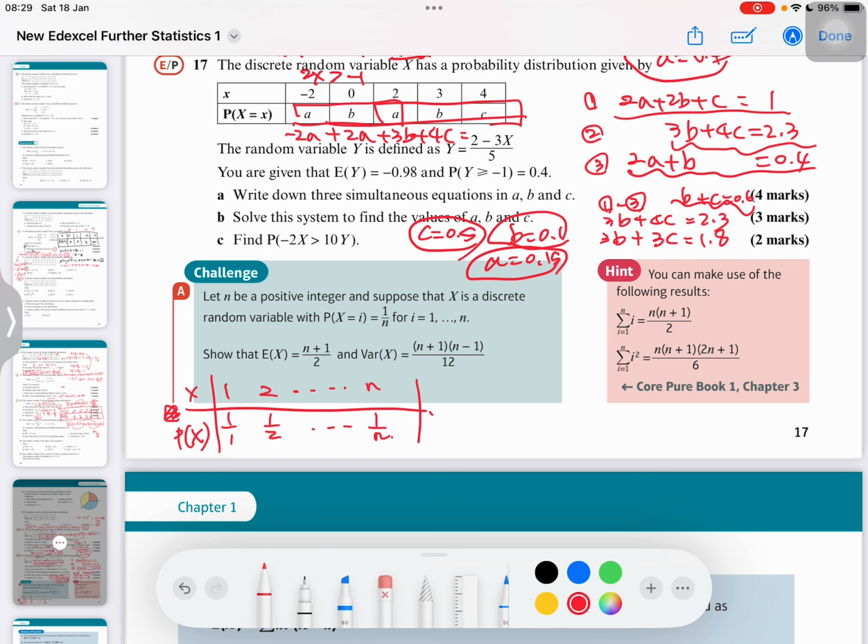When we add them together, the sum of x times p(x) is 1 plus 1 plus 1, from 1 to n, a discrete random variable.